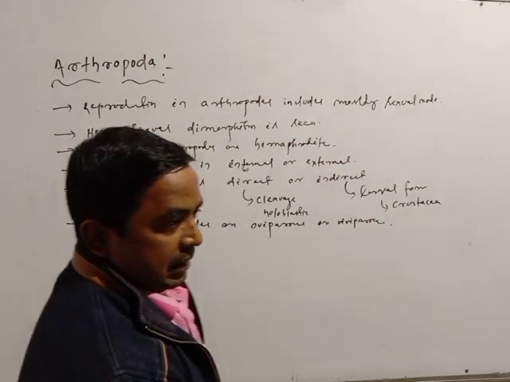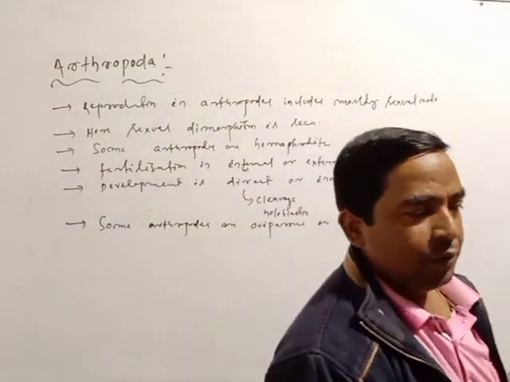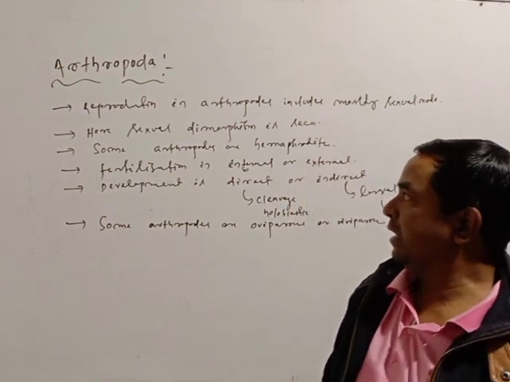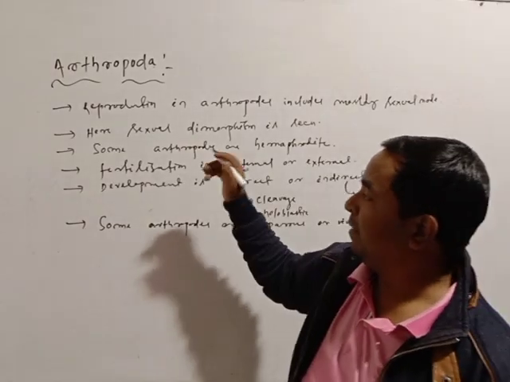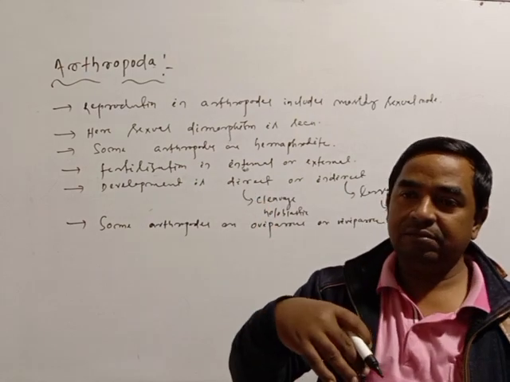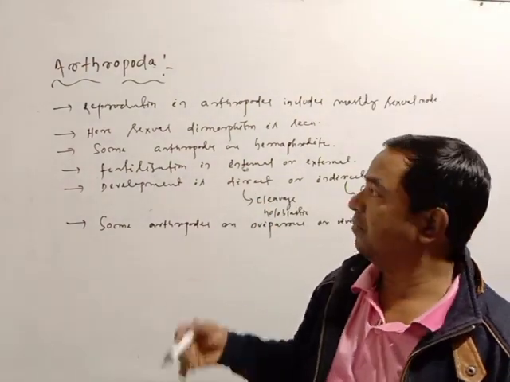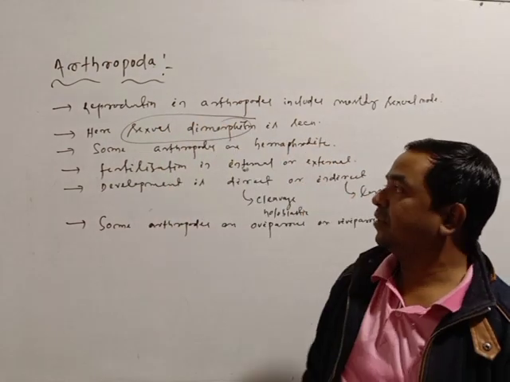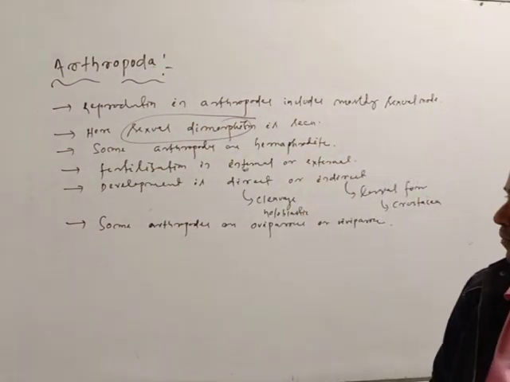See, reproduction is a phenomenon by which an organism increases its own species or members. Male and females are clearly distinguished by secondary sex characters, which is called sexual dimorphism.